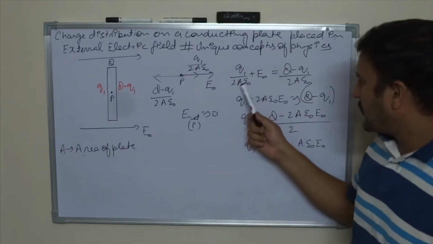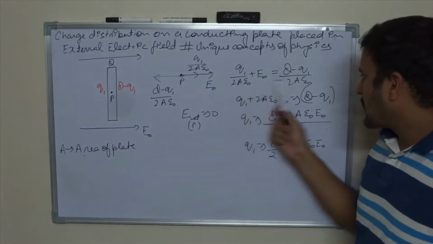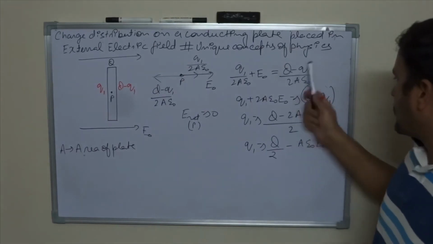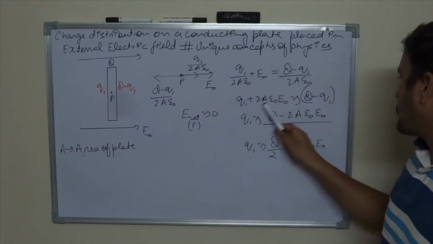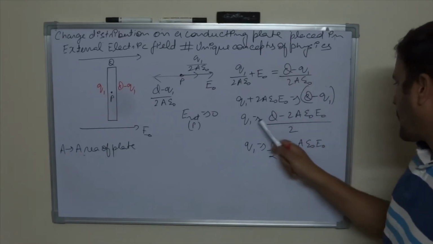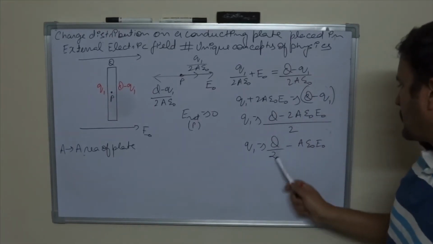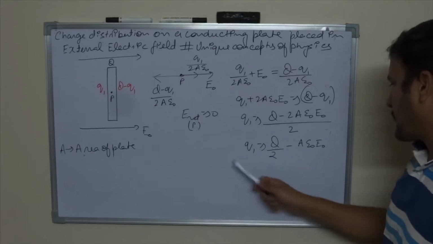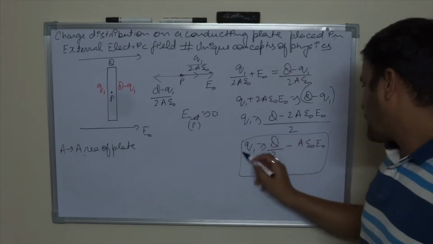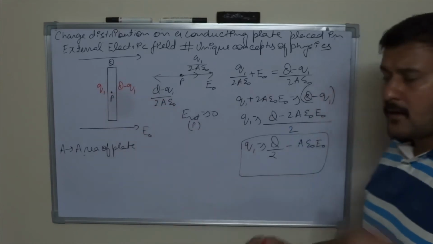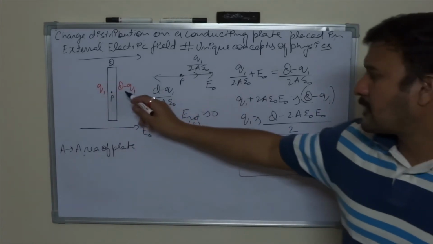By solving this equation, taking LCM, this Q1 comes here, this is 2 Q1 and this is Q minus 2A epsilon naught E0, and 2 comes here, this is Q by 2 minus A epsilon naught E0. So this is the charge appearing on the left side, and by this we can calculate the charge appearing on the right side.